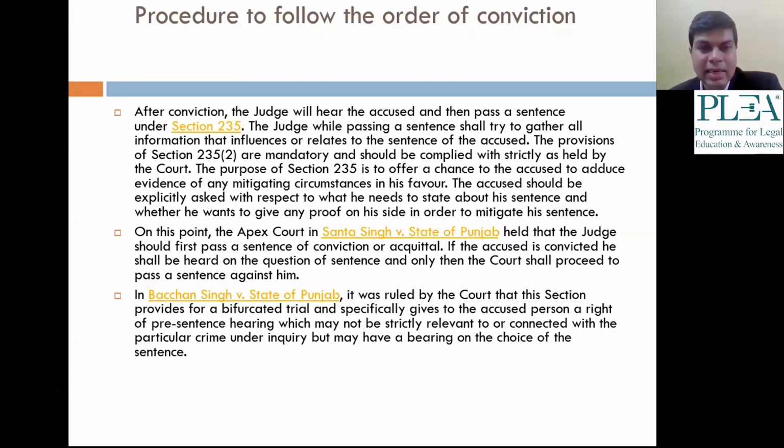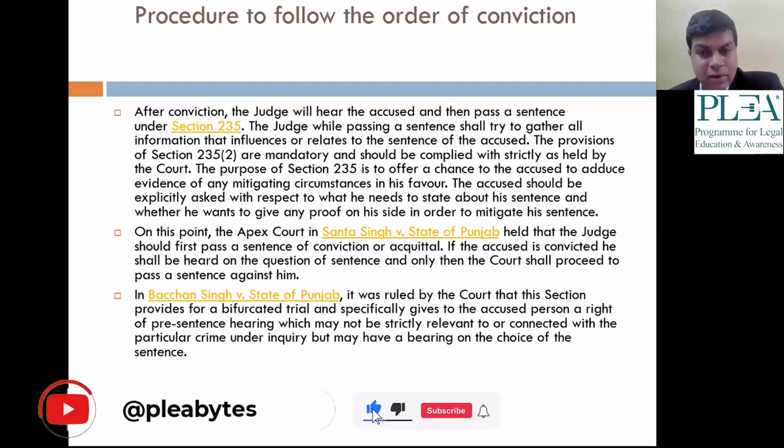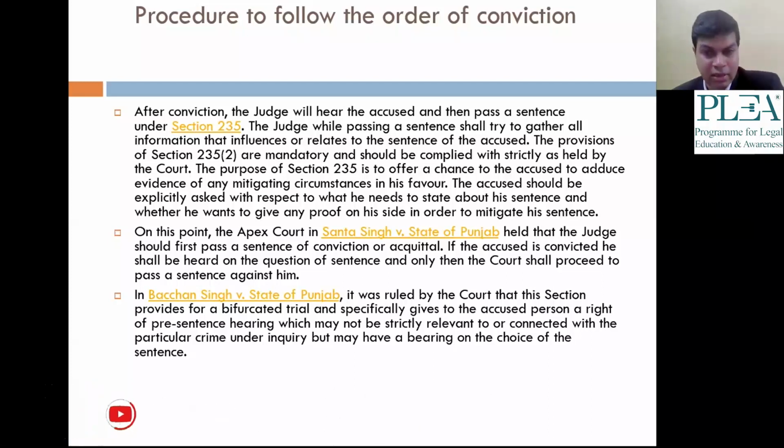But this section clearly states that it offers a chance to the accused to adduce the evidence of any mitigating circumstances in his favor. On this point, the apex court in Santa Singh versus State of Punjab held that a judge should first pass a sentence of conviction or acquittal. If the accused is convicted, he shall be heard on the question of sentence, and only then shall the court proceed to pass a sentence against him.